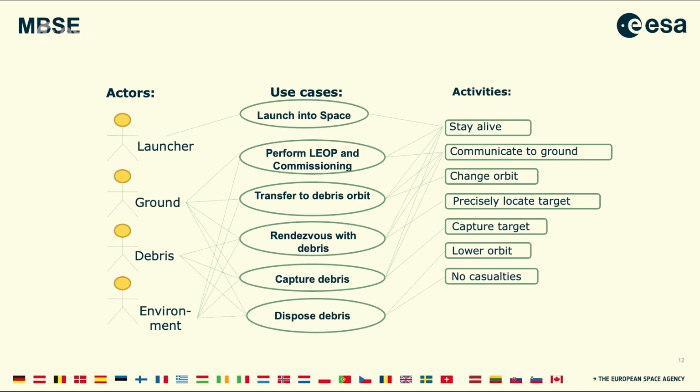I have to make sure that the debris re-enters over an uninhabited area in case anything falls down. So these are all activities, and in principle, these are functions that the spacecraft, that the system therefore needs to do. And this is a very simple way of systematically deriving functions for each use case in our mission.